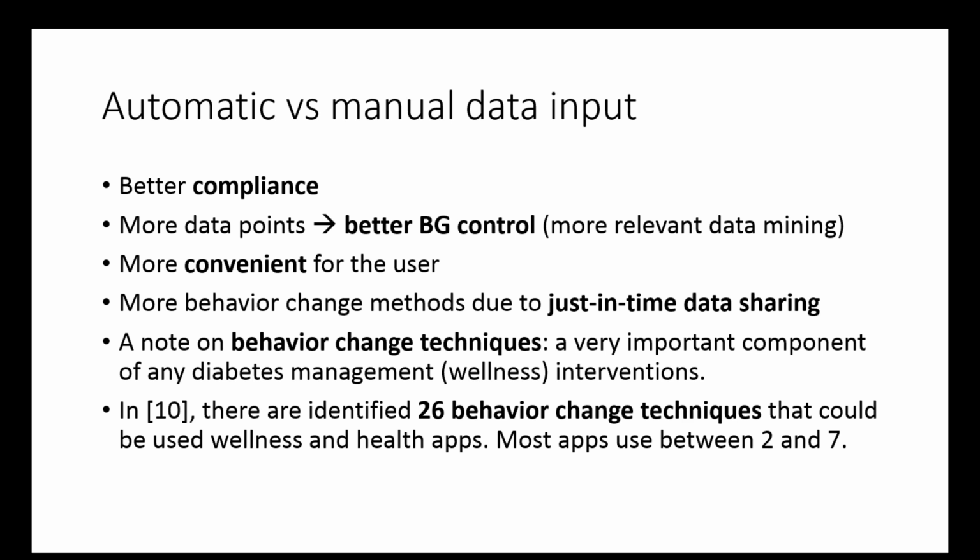I like ontologies and taxonomy. So they have 26 behavior change techniques that could be used in wellness apps. And there is another reference that most apps use between 2 and 7. And as an aside, in that panel, if the panel saw an app without any behavior change technique reference, they wouldn't even look at it.